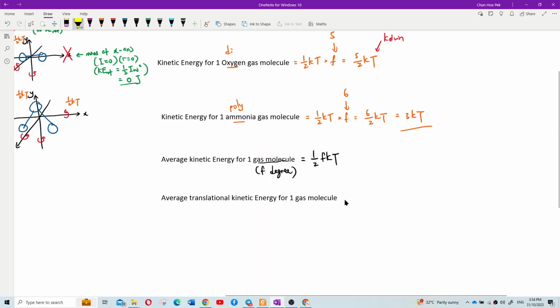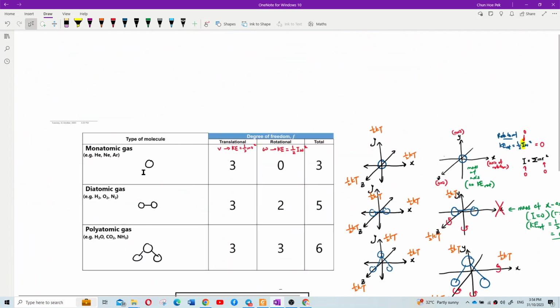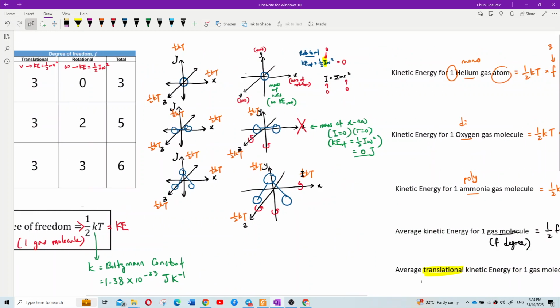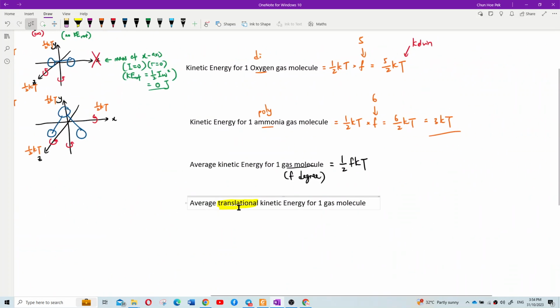If the word translational appears, that means it doesn't include the rotational kinetic energy. And for any gas molecule, no matter if it is monoatomic, diatomic, or polyatomic, the translational degrees of freedom is always 3. Correct or not, class? So if translational only is specified, the degree of freedom is only 3.